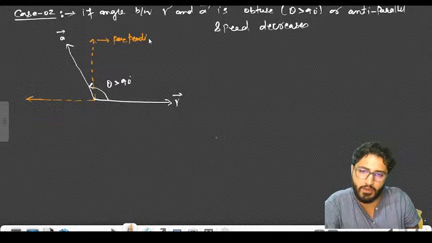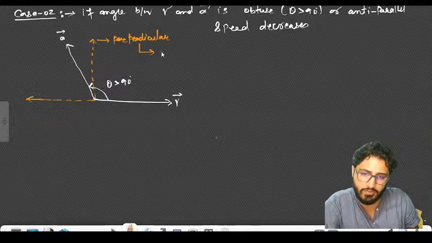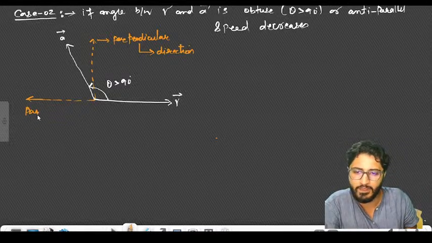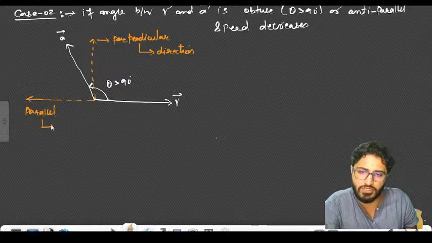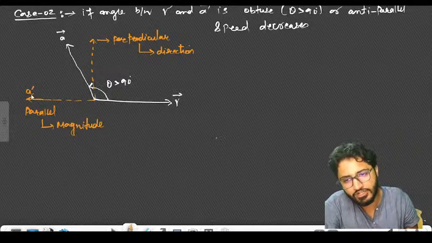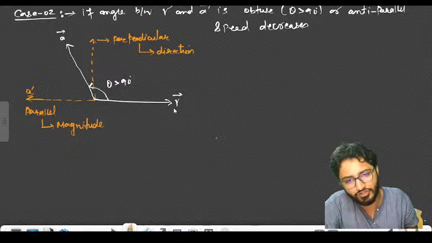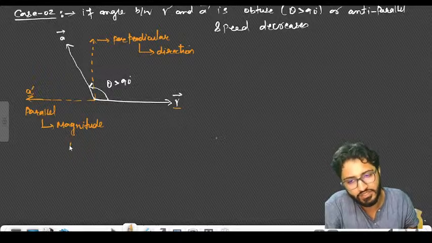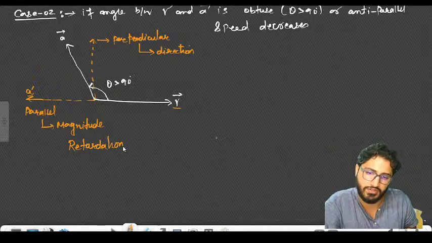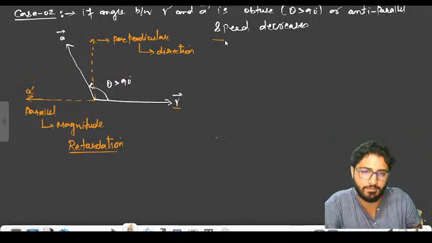This one is the perpendicular component, and you know that the perpendicular component is only responsible for direction change, and this one is my parallel component, and the parallel component is responsible for magnitude changes. Then look, the direction of acceleration and the direction of velocity are both opposite, so this is a pure case of retardation. That's why speed decreases.